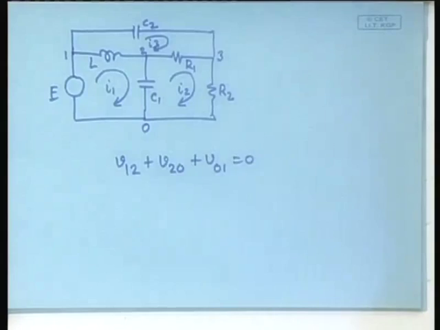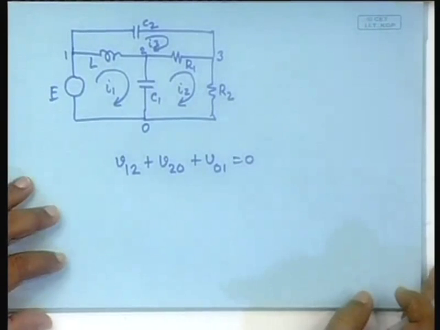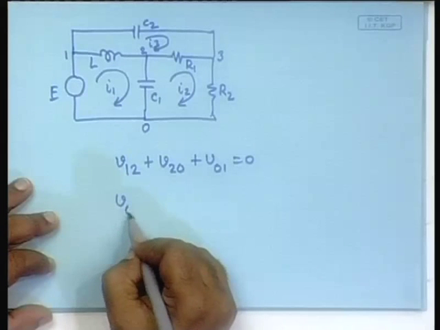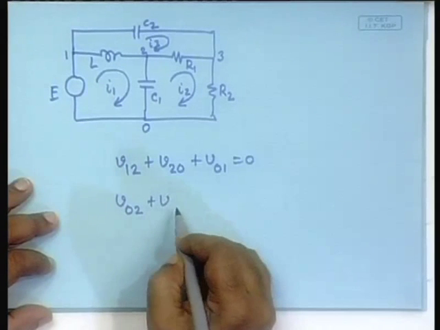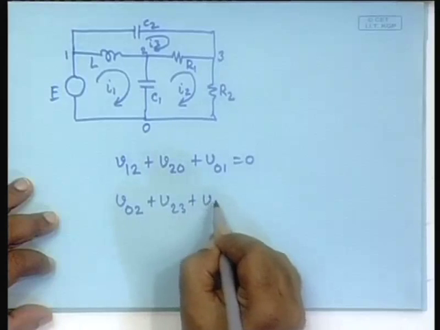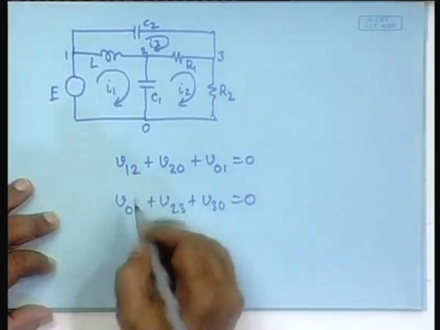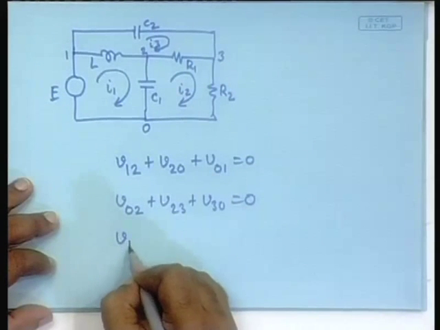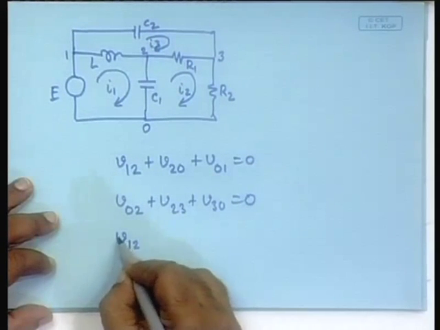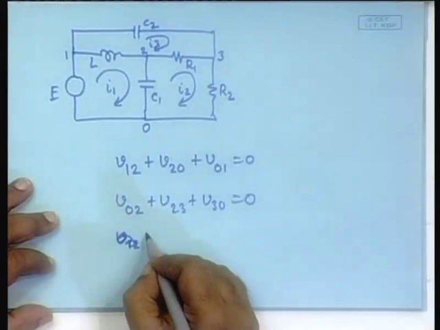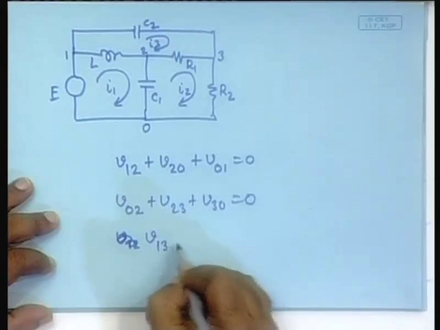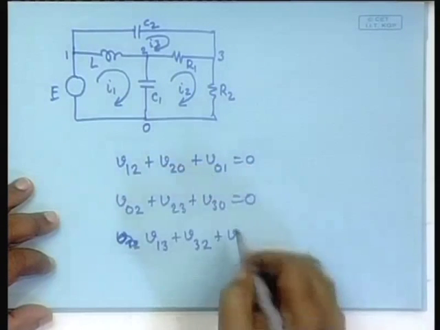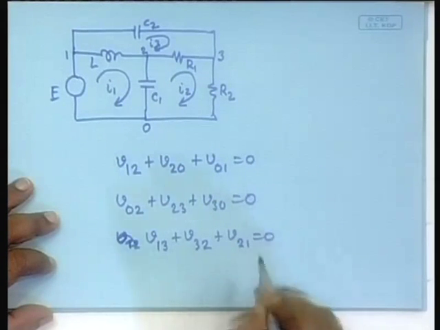Happy? There is no problem about it. Similarly, here it is V02 plus V23 plus V30 equal to 0. Similarly, here in loop 3 it is V13 plus V32 plus V21 equal to 0.